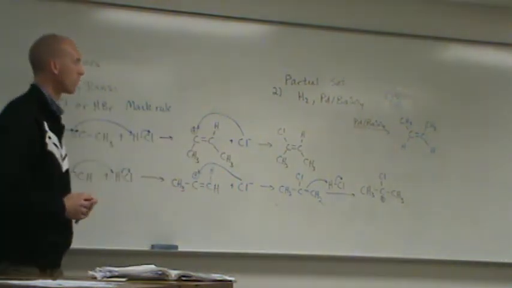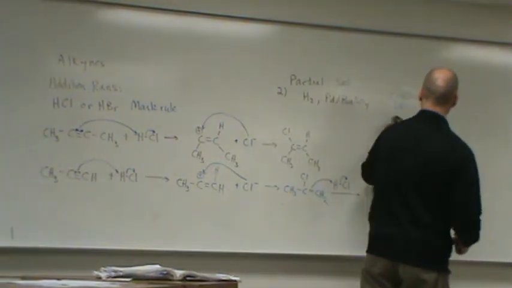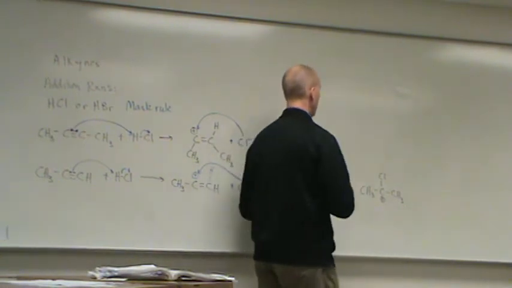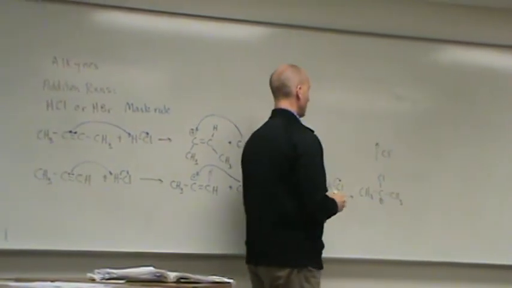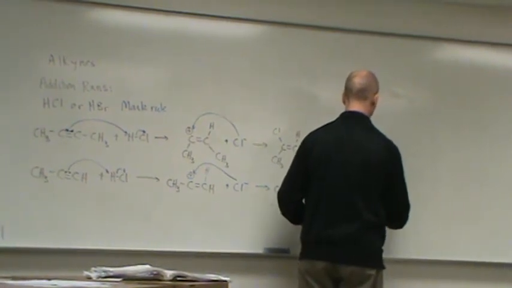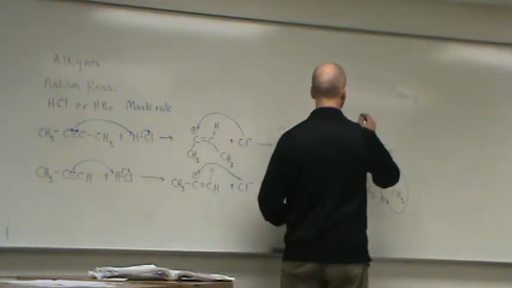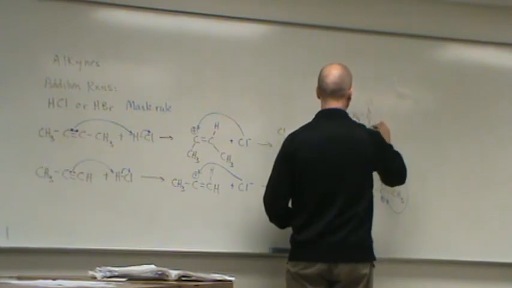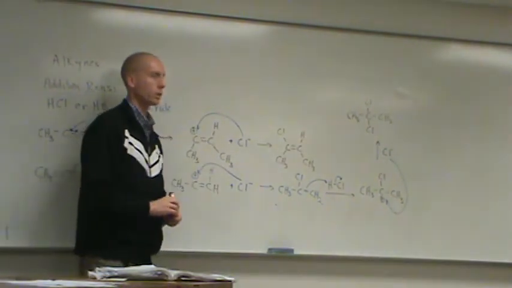So the more stable carbocation forms. And then the chlorine would attack it. So you get the 2,2-dichloropropane.